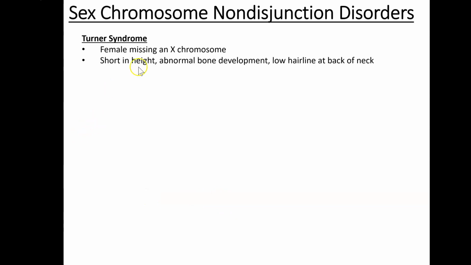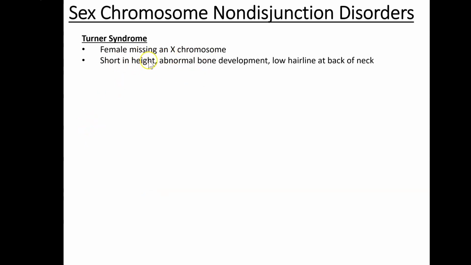Next, sex chromosome non-disjunction disorders. This is when you have an extra X chromosome, an extra Y chromosome, or you're missing an X or a Y chromosome. Turner syndrome is an example. It's when a female is missing an X chromosome.